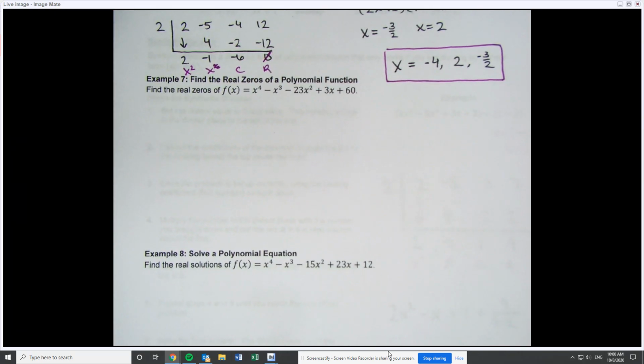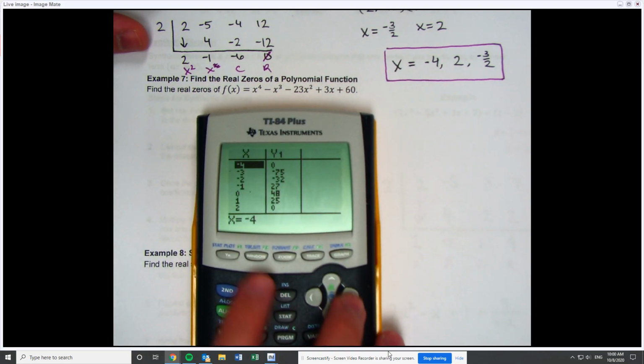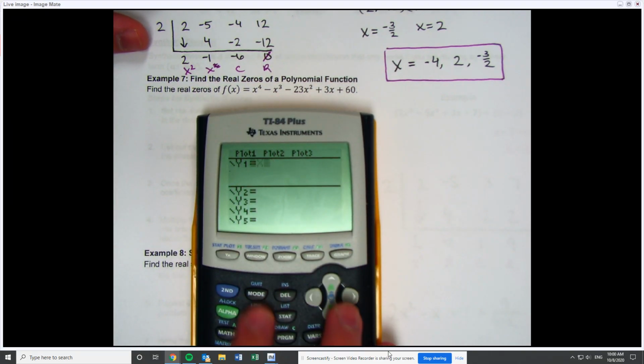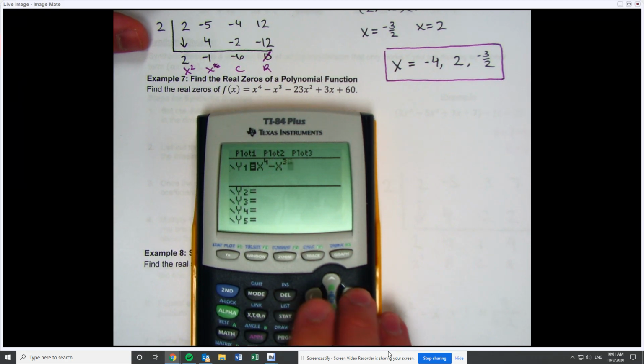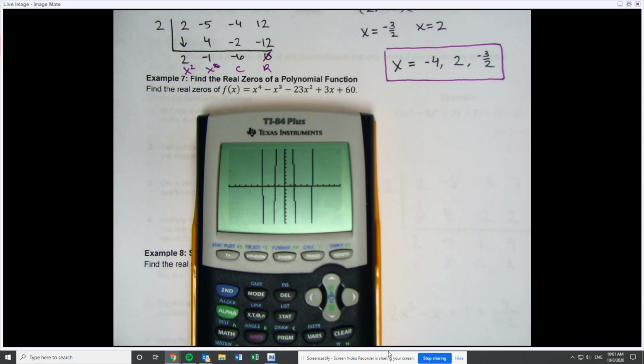So looking at this, we're going to go about it same way as usual. So put it into whatever you are using for graphing. Squared plus 3x plus 60. All right, so looking at this, I see that I cross 4 times.